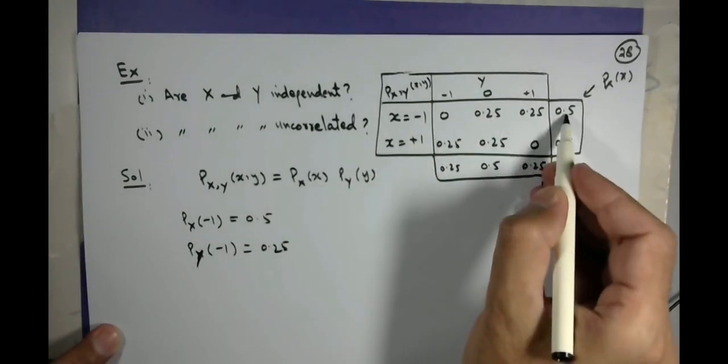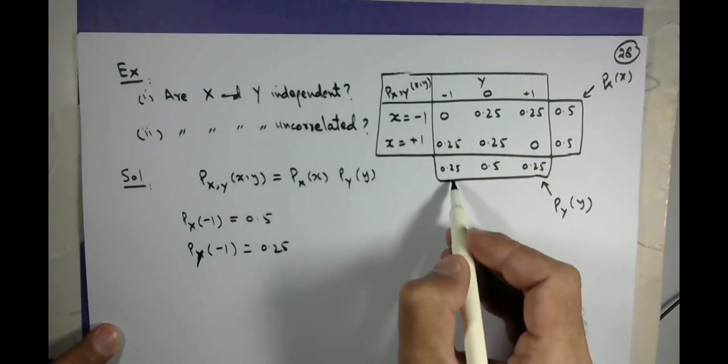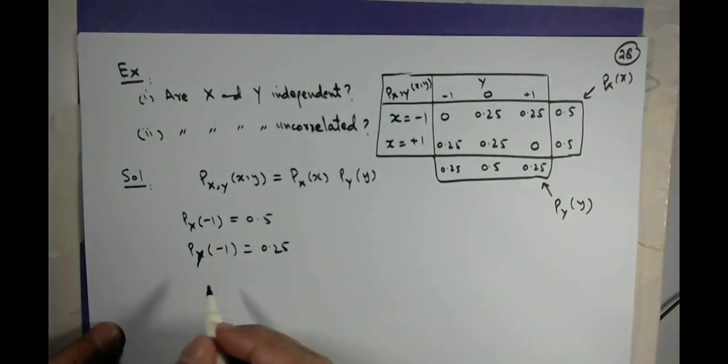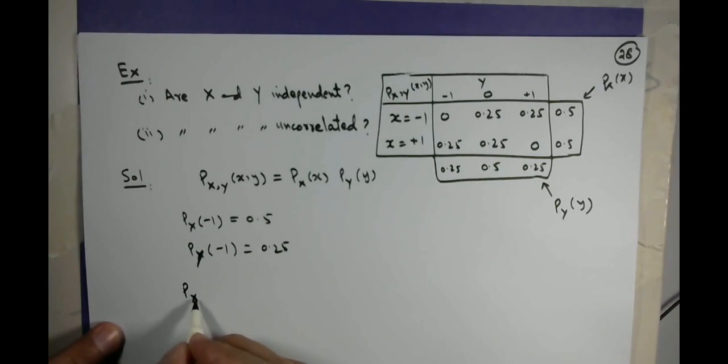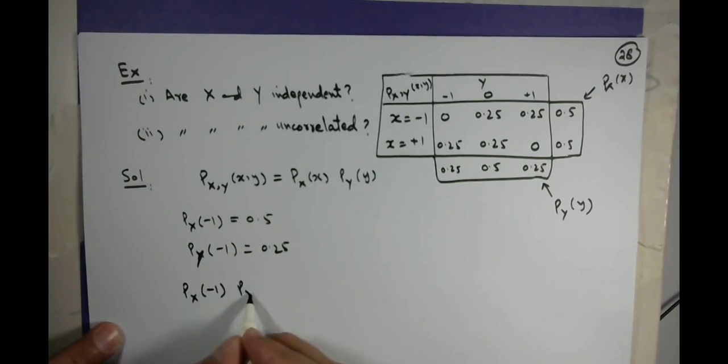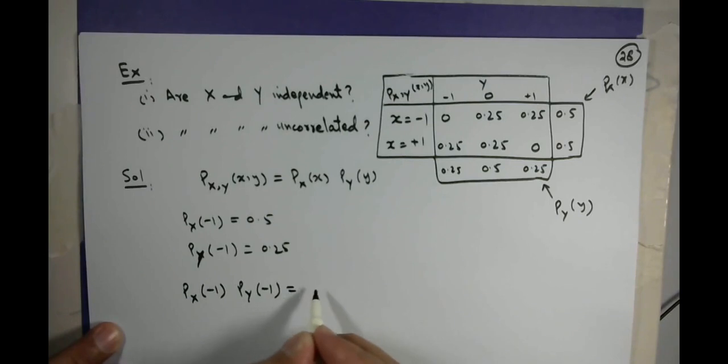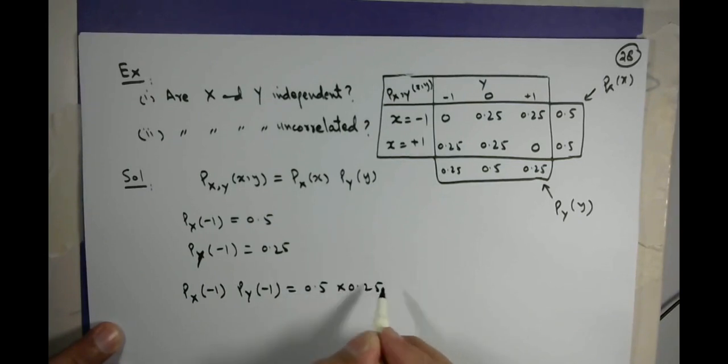P sub x of -1 is 0.5. P sub y of -1 is 0.25. So what is their product? P sub x of -1 times P sub y of -1. So it should be 0.5 into 0.25, some number.